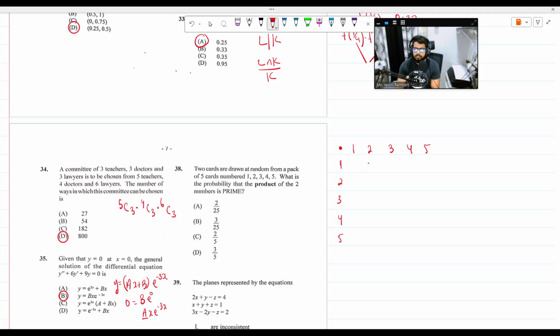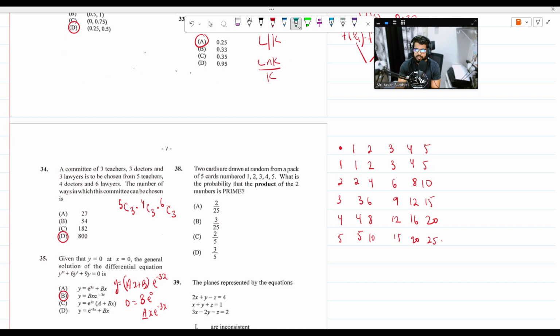So I'm just going to put in the product of the numbers, which is 1 by 1, actually I'll put in all. 1, 2, 3, 4, 5, 2, 4, 6, 8, 10, 3, 6, 9, 12, 15, 4, 8, 12, 16, 20, 5, 10, 15, 20, and 25.